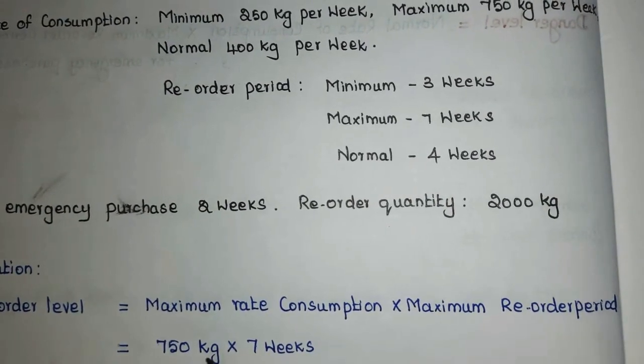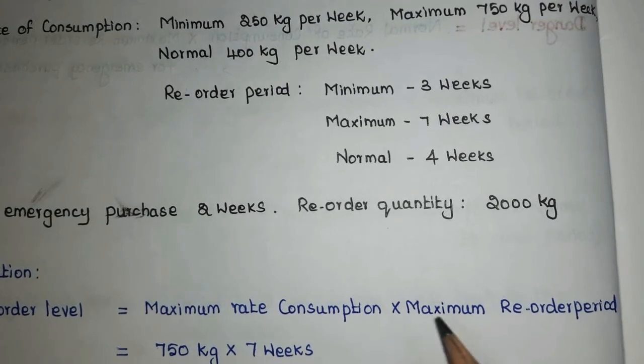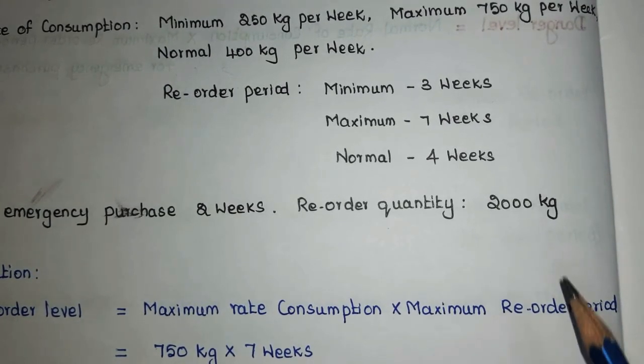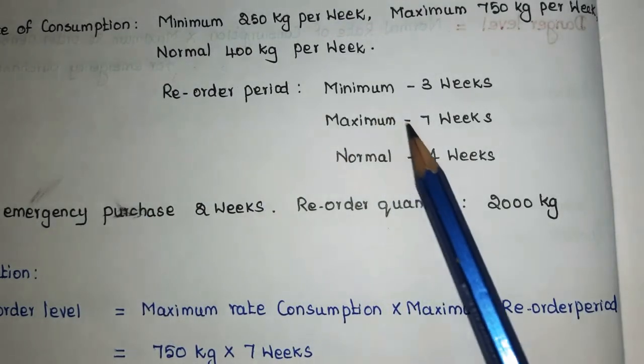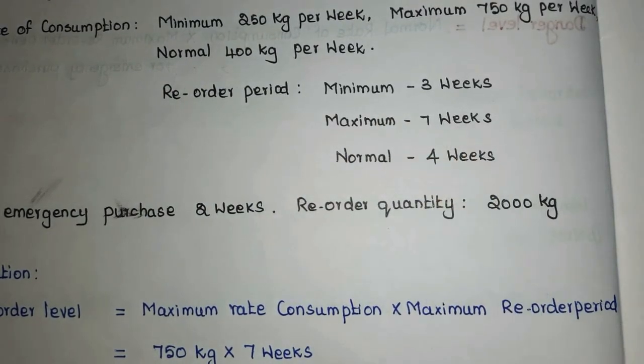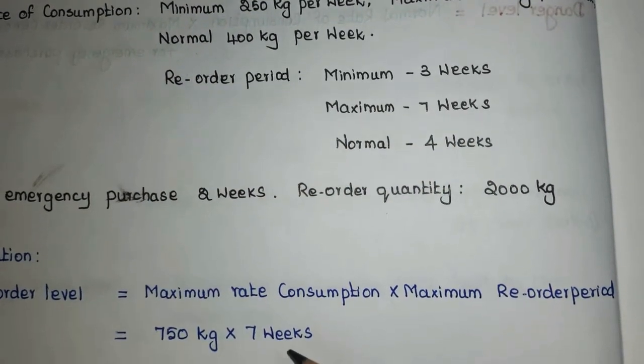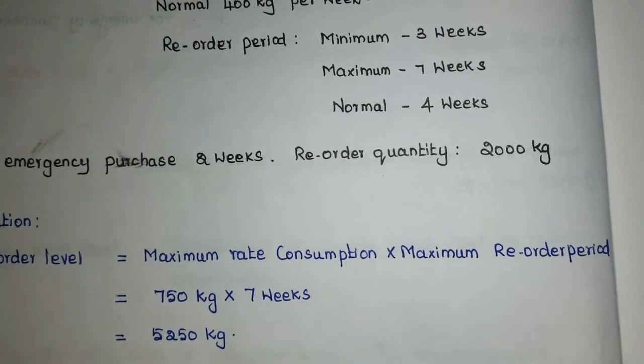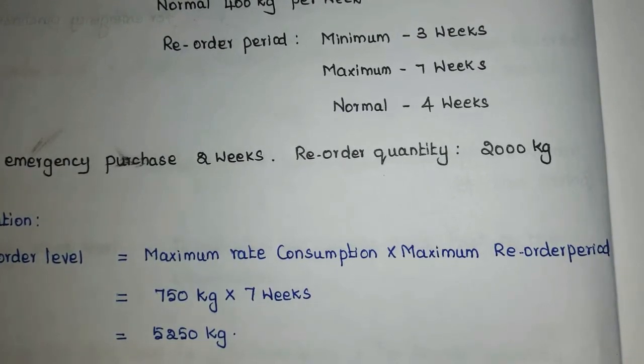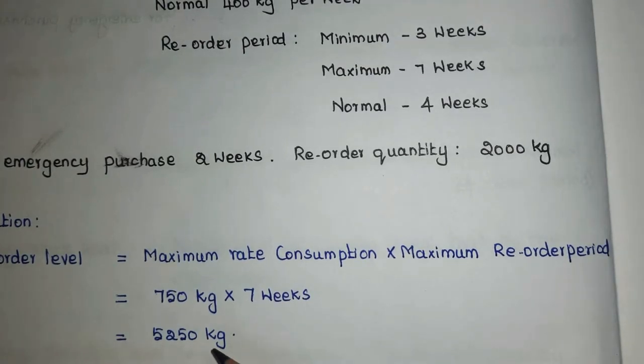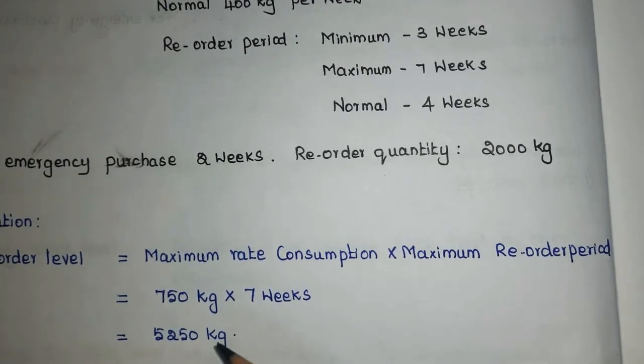The maximum reorder period has been given in the question as 7 weeks, so that can be substituted in the same. If we multiply, we will get 5250 kg. So the reorder level for this information is 5250 kg.